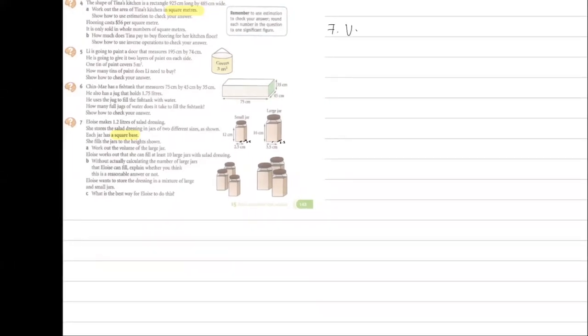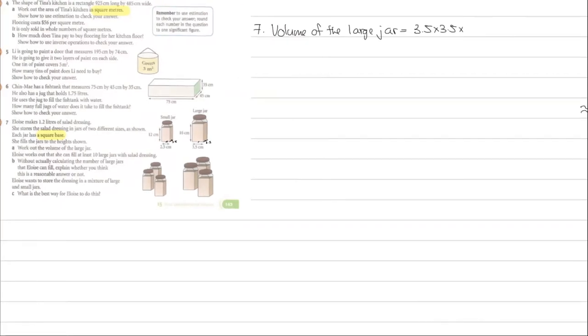Number 7, volume of the large jar. 3.5 times 3.5 times 16 is 196 cubic centimeters.